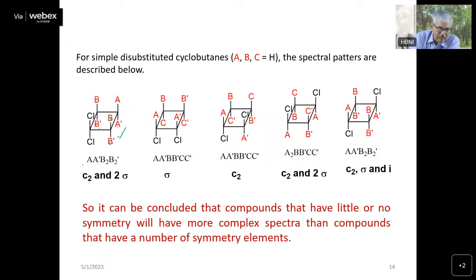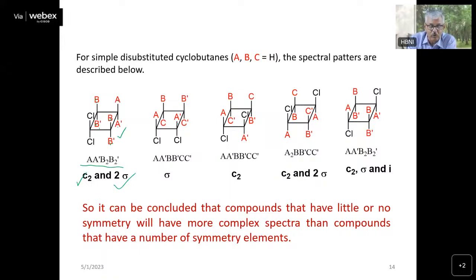So that's why the spin system will be A2A2' B2B2'. You see the symmetry elements present in these molecules are C2 and 2 sigma, and you should try to find out whether these symmetry elements are present or not.